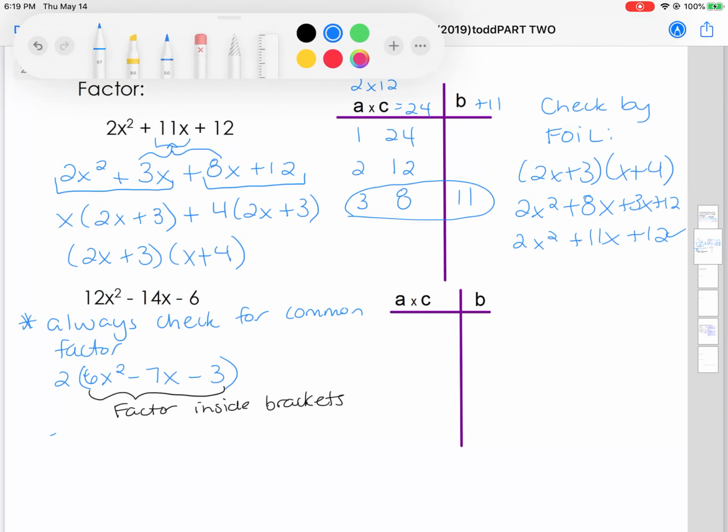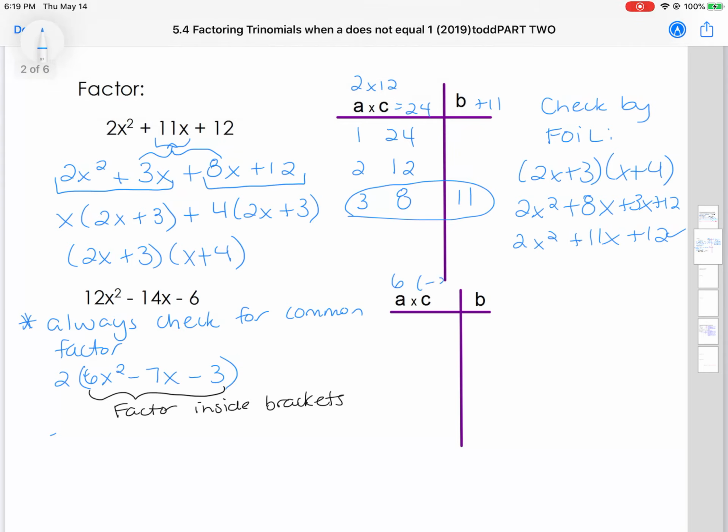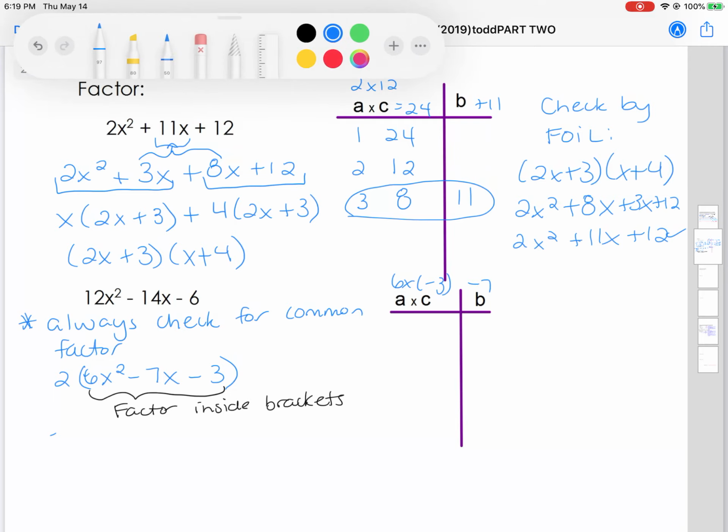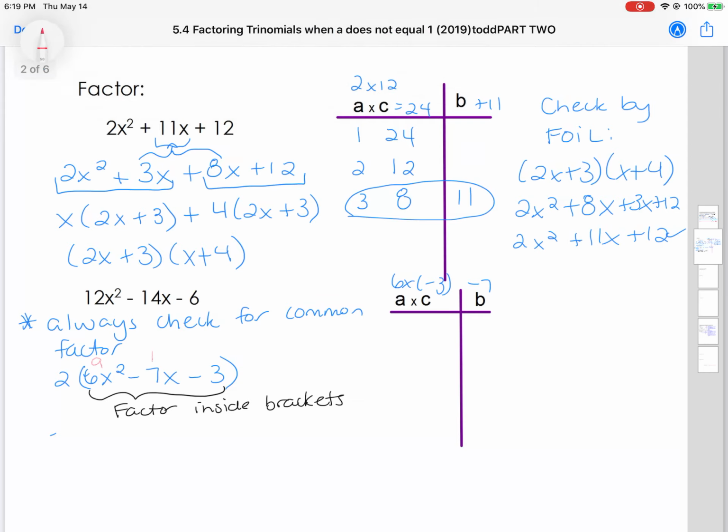When you're looking for the A times C, you're going to do 6 times negative 3. And the B is going to be negative 7. So this is A, this is B, and this is C.